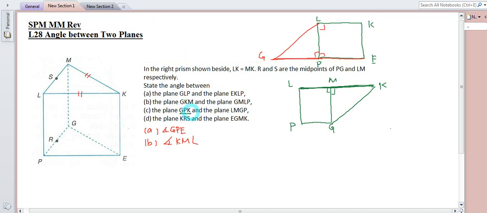Now the two planes involved are GPK, let me draw it first. This is GPK. And the plane LMGP.